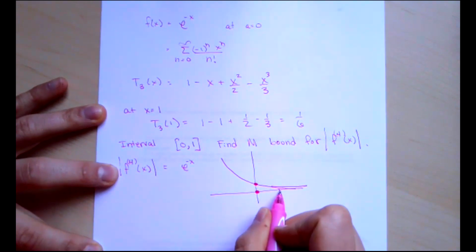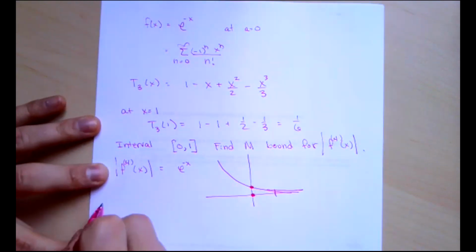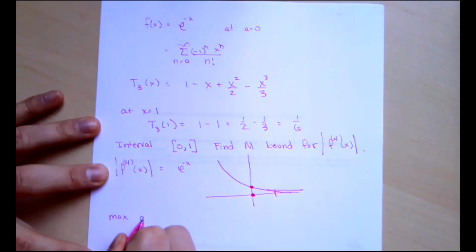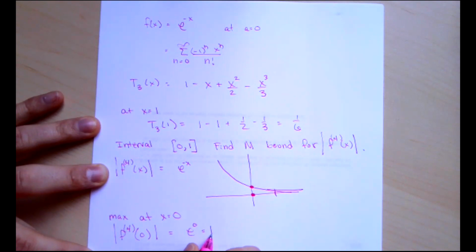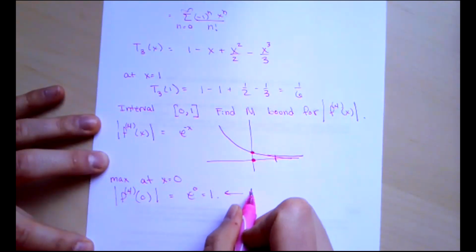So our maximum is at the left side of the interval. So the maximum is equal to 1, and that's our M.